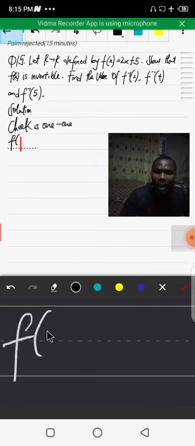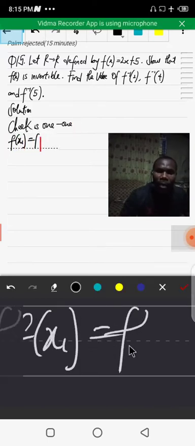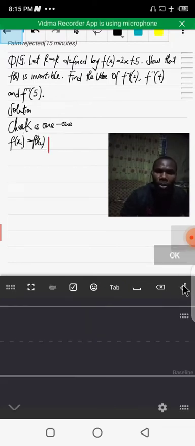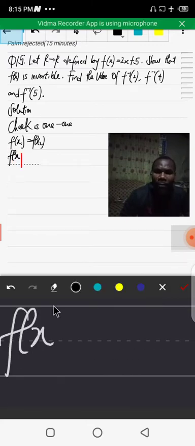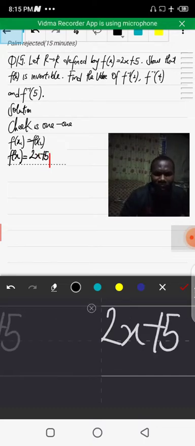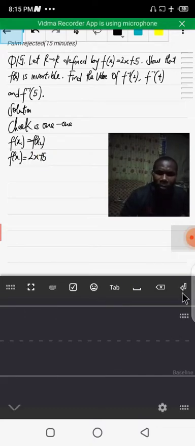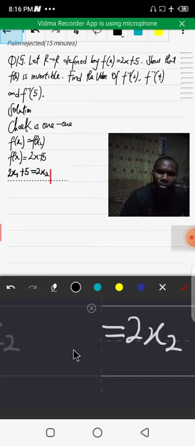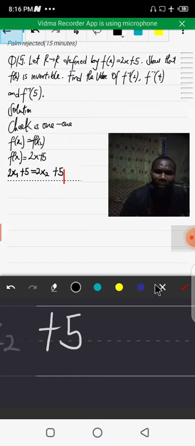You say f of x1 is equal to f of x2, where f of x is 2x plus 5. Automatically, it will give you 2x1 plus 5 is equal to 2x2 plus 5.